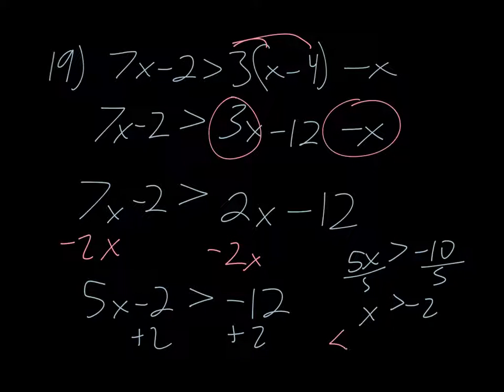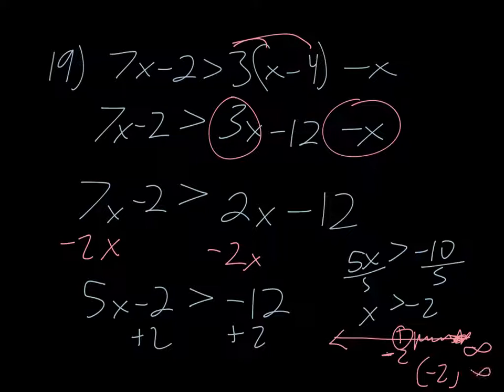So now I sketch a quick graph. Since x is greater than negative 2, it's going to shade to the right, open circle. And I want to put my answer in interval notation. So the interval is from negative 2 to positive infinity, parentheses on both sides for that one.